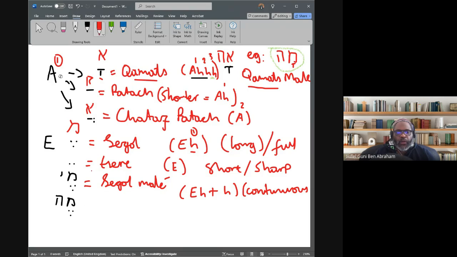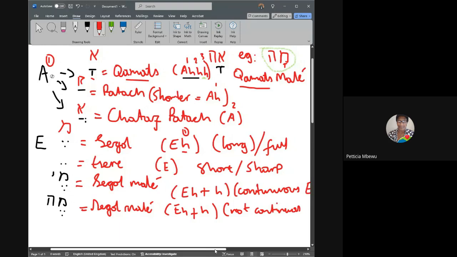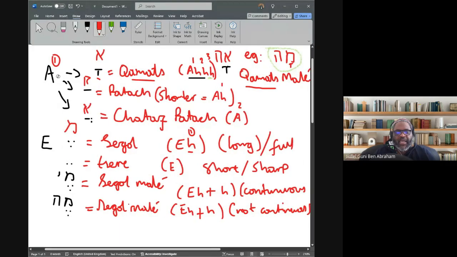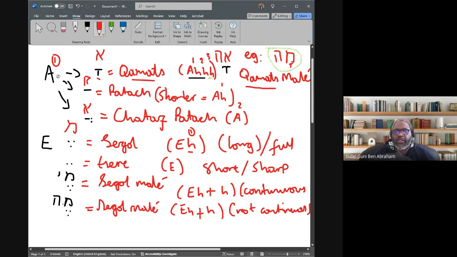So now we have the same segol male, just a different way of writing it, plus H as well, but it's not continuous. Does it make sense? Can I ask what's the difference? It's the same segol male, but this one is me. It's got a little bit of the continuation, a little bit of the tail. This one is me, and me. So one is continuous, the other one is not continuous.